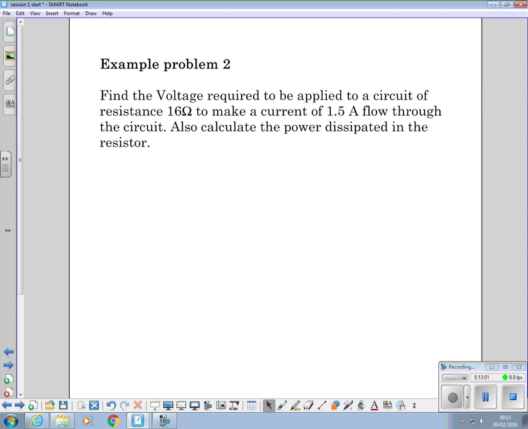Example problem 2. Find the voltage required to be applied to a circuit of resistance 16 ohms to make a current of 1.5 amps flow through the circuit. Also calculate the power dissipated. I'll give you about 3 or 4 minutes to have a go at that one.